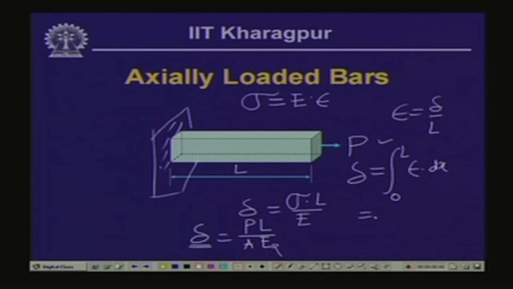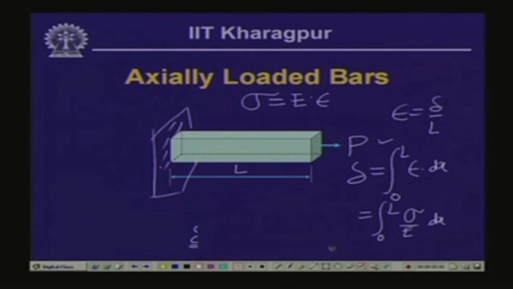So, this is equals to integral 0 to L, in place of epsilon, sigma by E dx, and sigma if we write as P by A, then we have delta as equals to integral 0 to L P by A E dx.